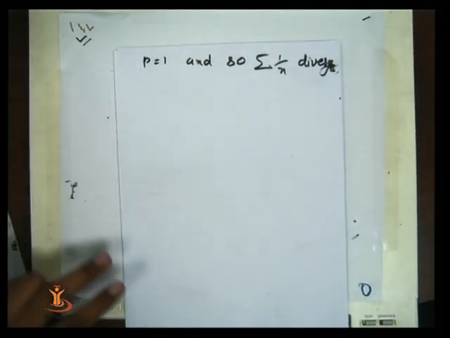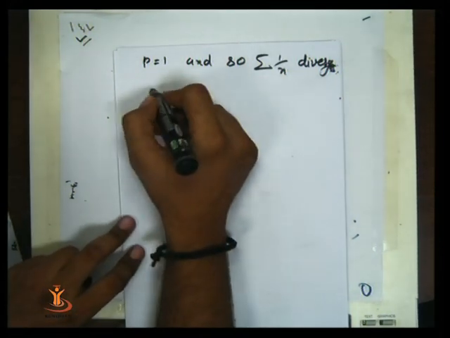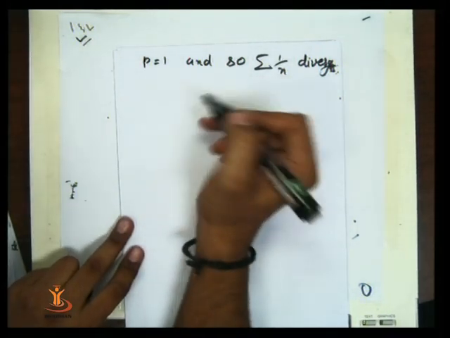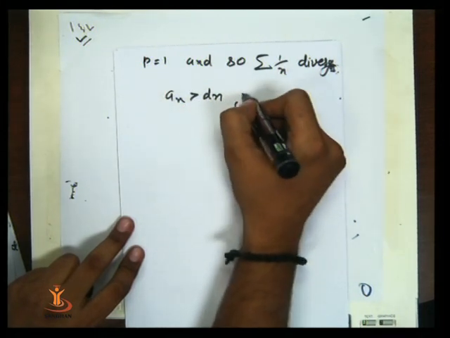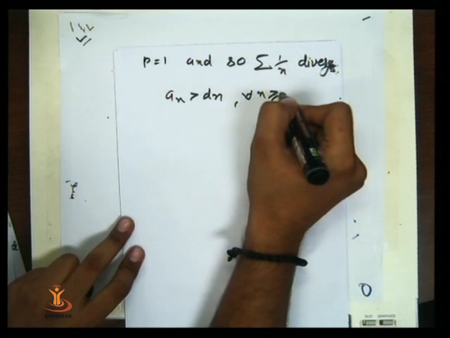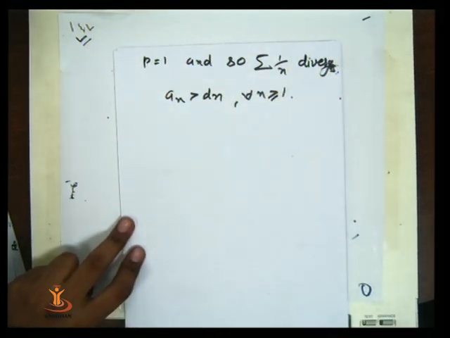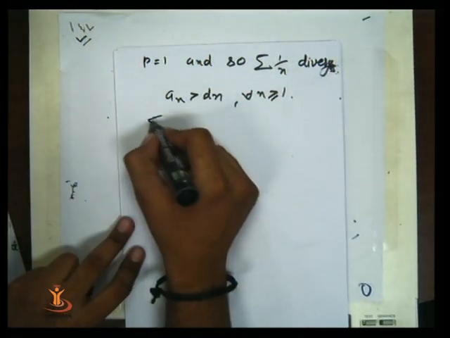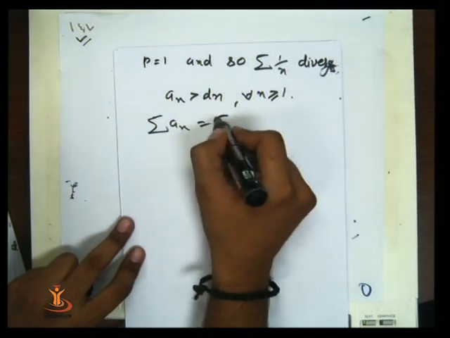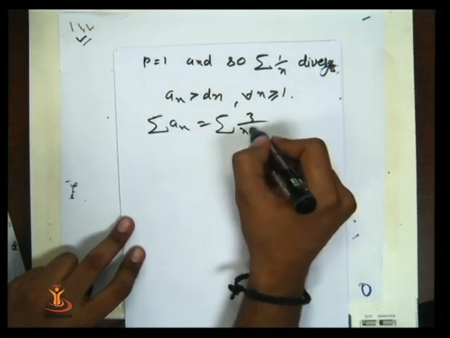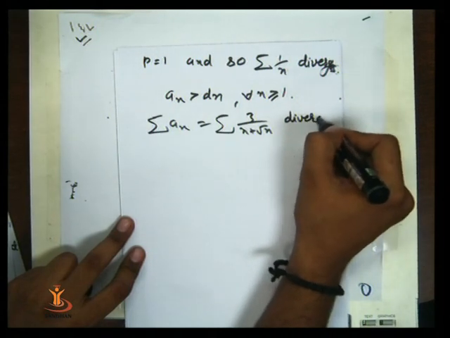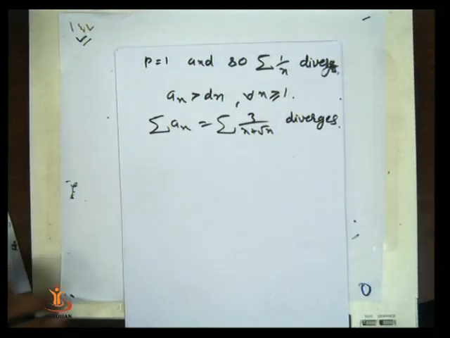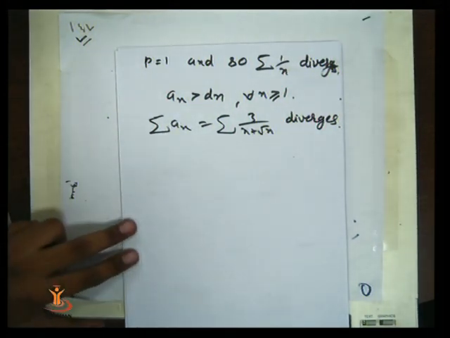So here we get a divergent series summation d_n, and a_n is greater than d_n for every n greater than or equal to 1. So by comparison test, summation a_n, that is summation 3 upon n plus square root n, diverges. So this second example is a divergent series.